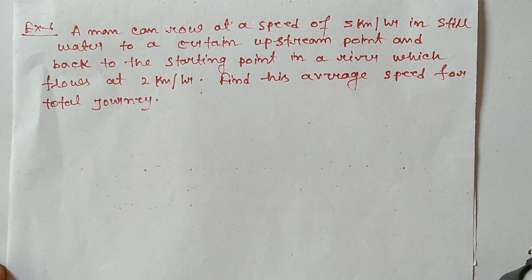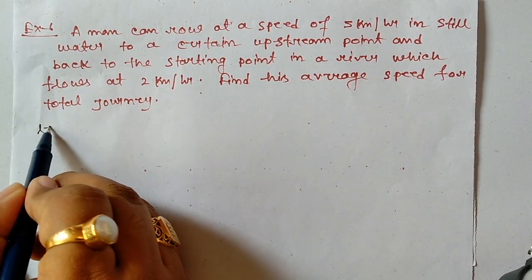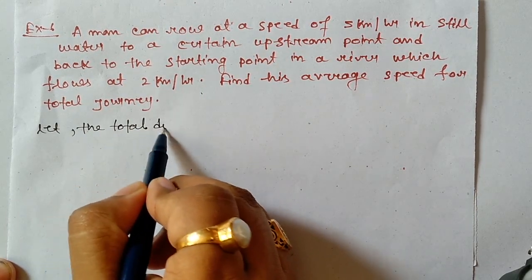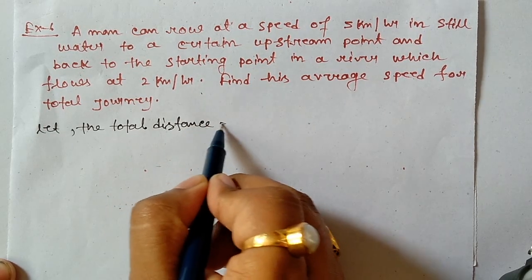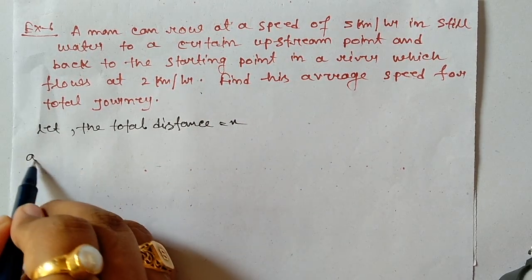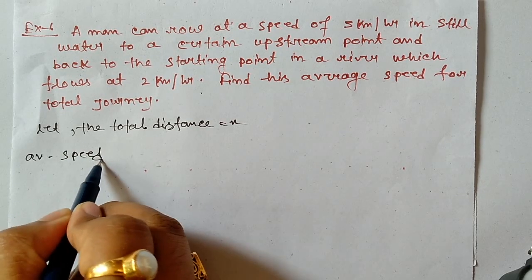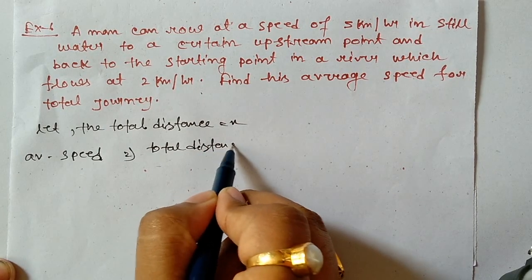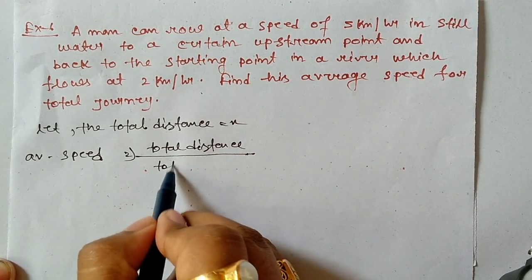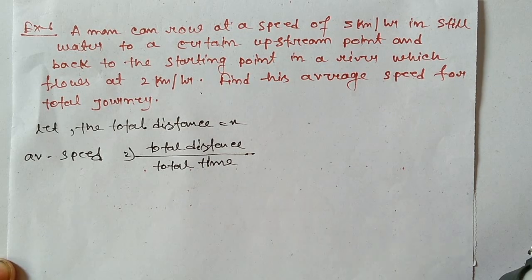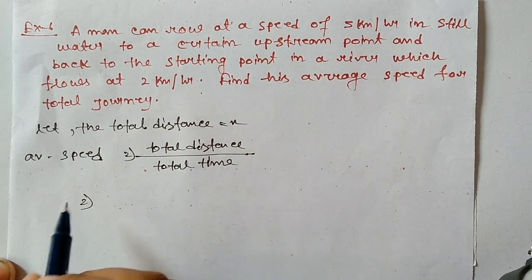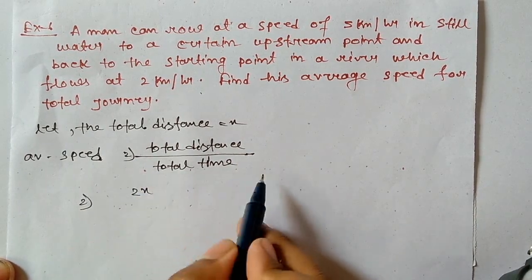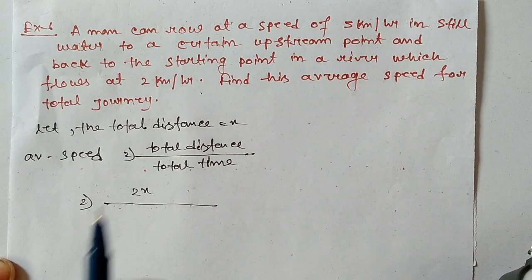Let the total distance be x. Then average speed is total distance by total time. Total distance for going up and going down is 2x, that is x plus x, divided by total time.